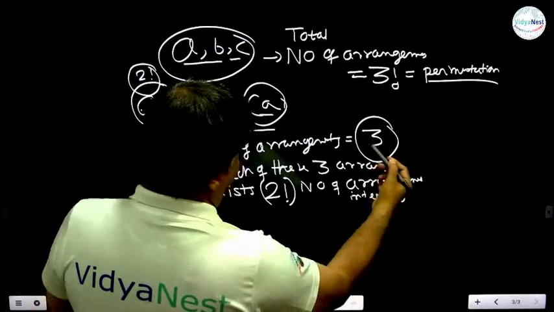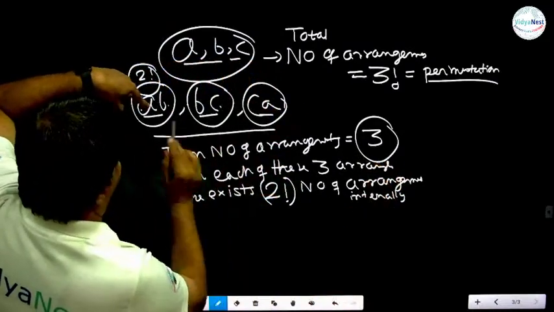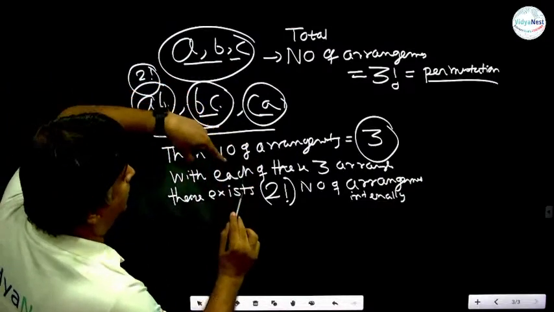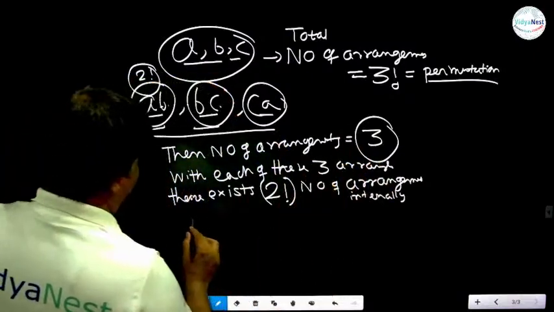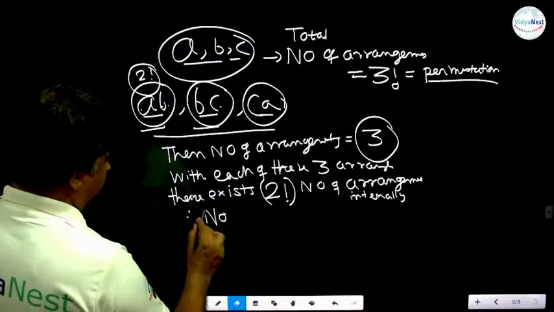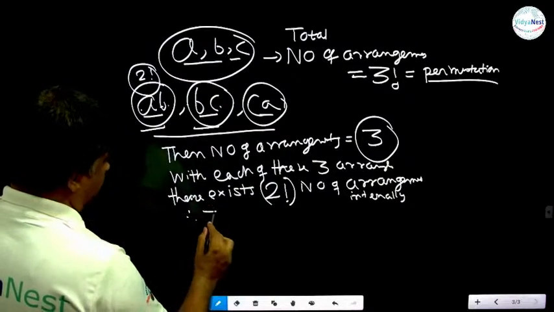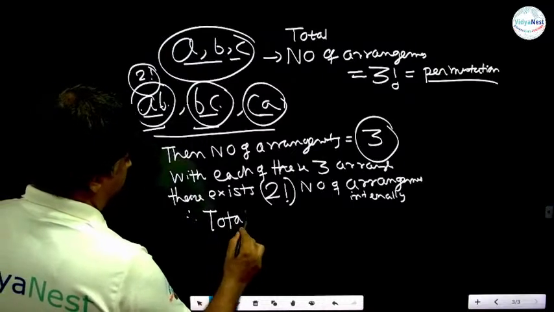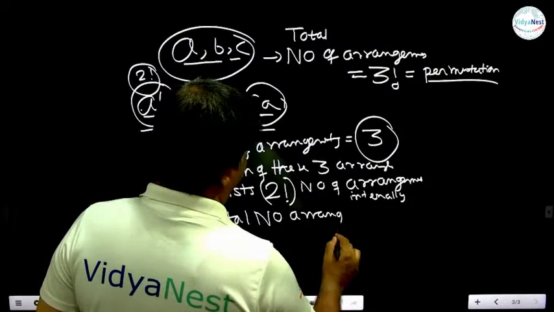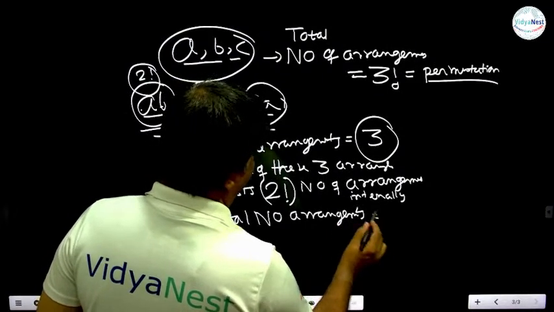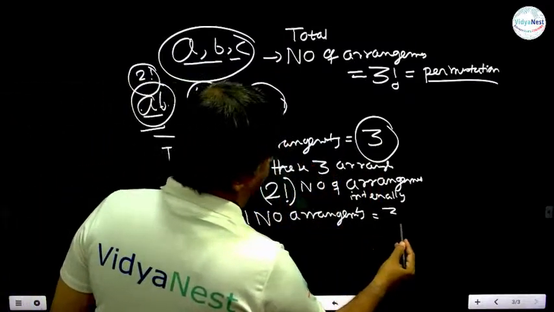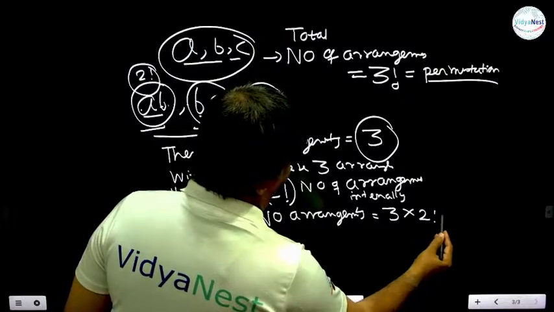So the total arrangement with each of these 3 elements: with this arrangement factorial 2, this arrangement factorial 2, this arrangement factorial 2. So the total number of arrangements, with each of these 3 having factorial 2 arrangements, is 3 into factorial 2.